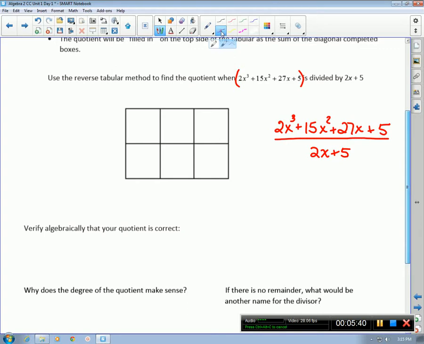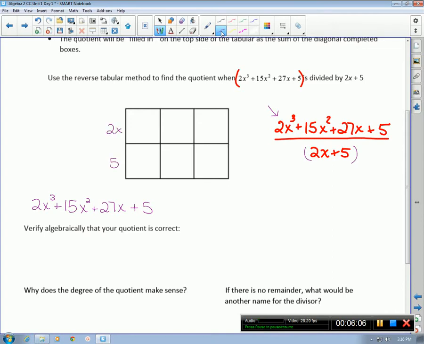So if I were multiplying, that would have been my product. Remember, our products came out down here. So I'm going to write this way over to the left below the box, just like that. And this time we're going to put our divisor along the left.